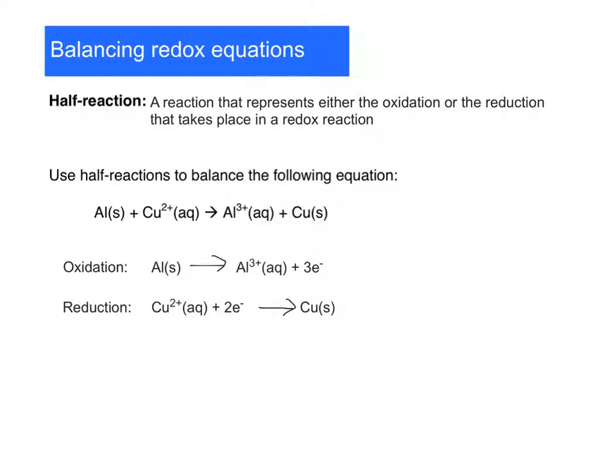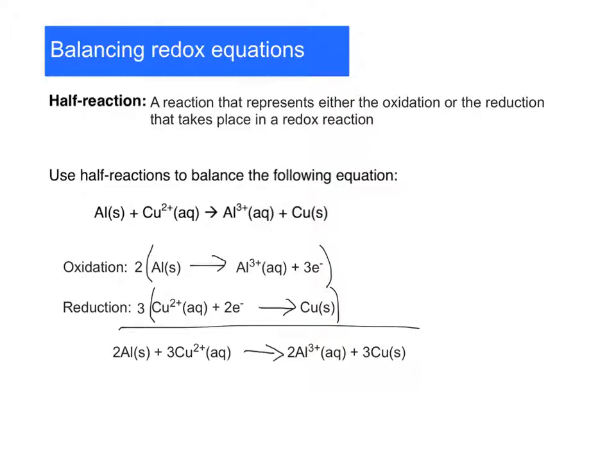So we need to multiply the aluminum reaction times 2 and the copper reaction times 3 in order to get 6 electrons transferred in both half reactions. We add those together and we get 2 Al solid plus 3 Cu2+ goes to 2 Al3+ plus 3 Cu solid.